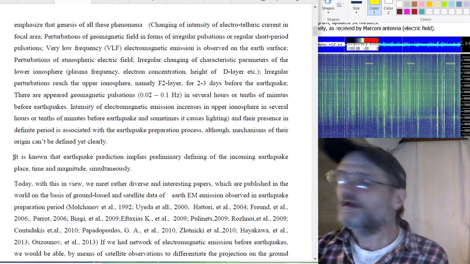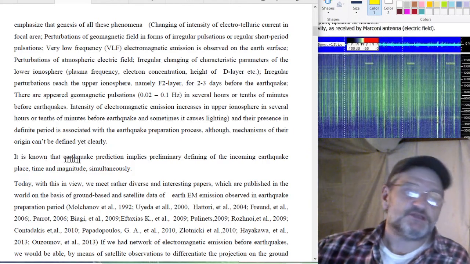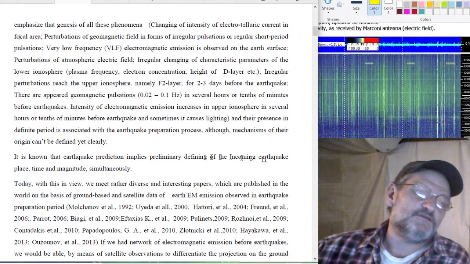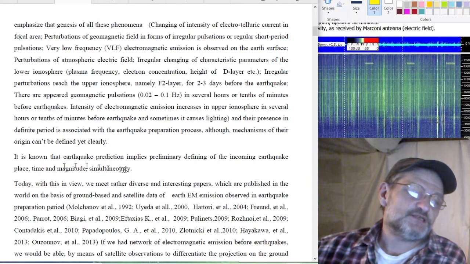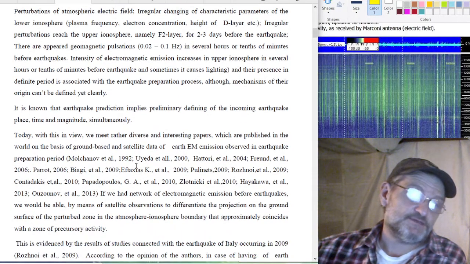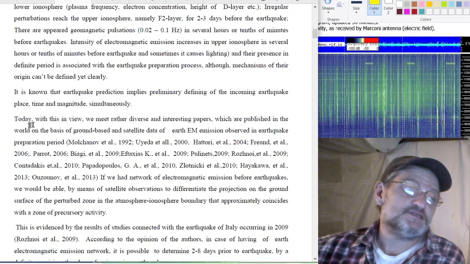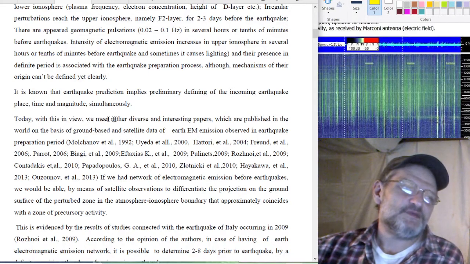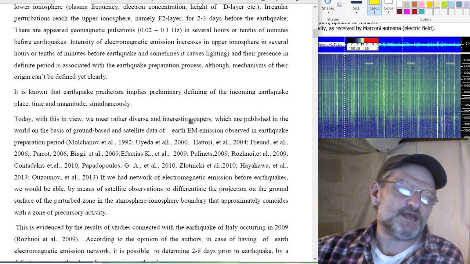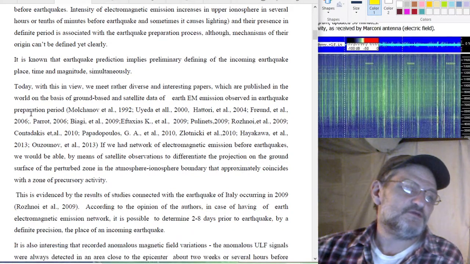All right, so it is known that earthquake prediction implies preliminary defining of the incoming earthquake's place, time, and magnitude simultaneously. Today, with this in view, we meet rather diverse and interesting papers published in the world on the basis of ground-based and satellite data of Earth EMF emission observed in the earthquake preparation period.